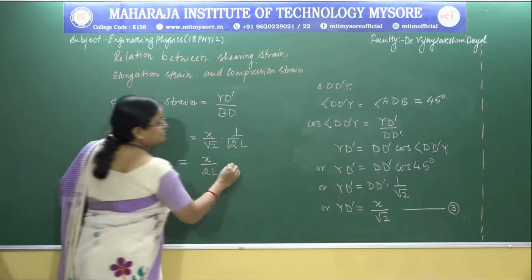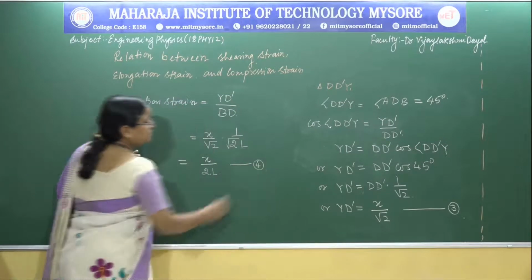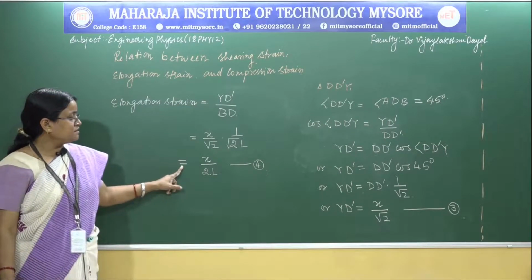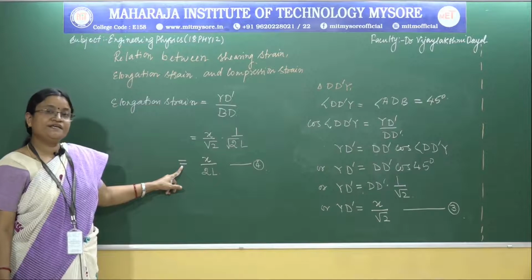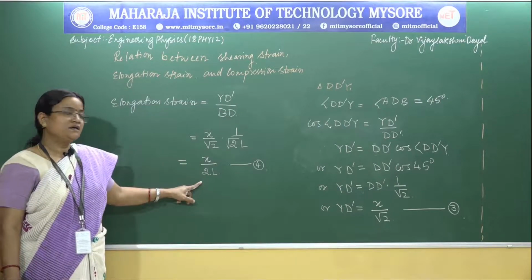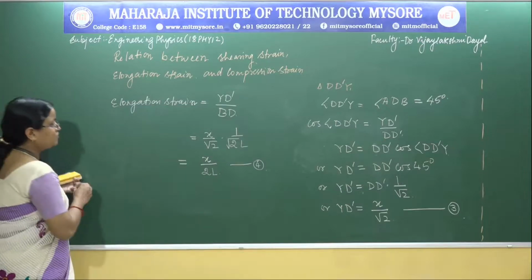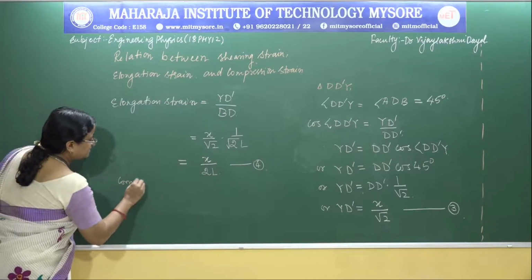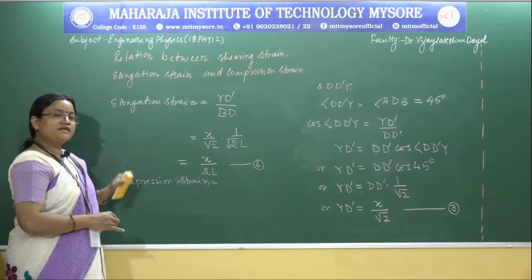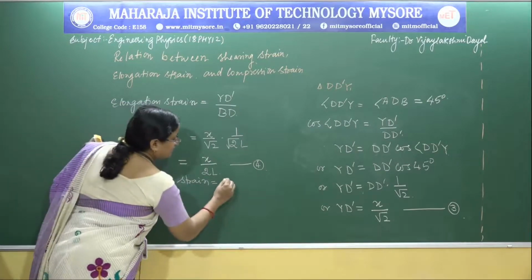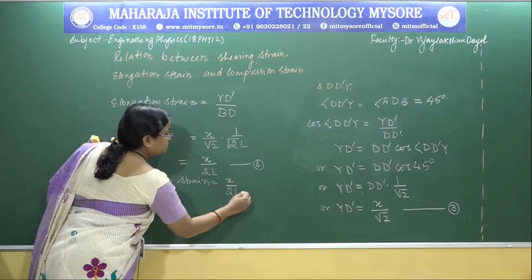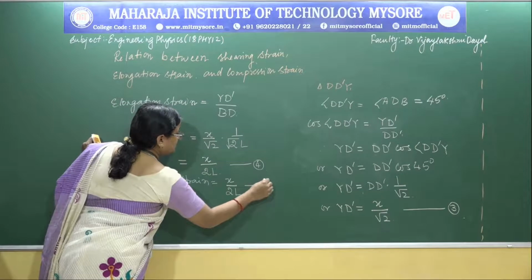So the elongation strain along BD is equal to x by 2L. Now similarly we can find the compression strain. Similarly, the compression strain along the diagonal AC we can derive, and it will also be equal to x by 2L.